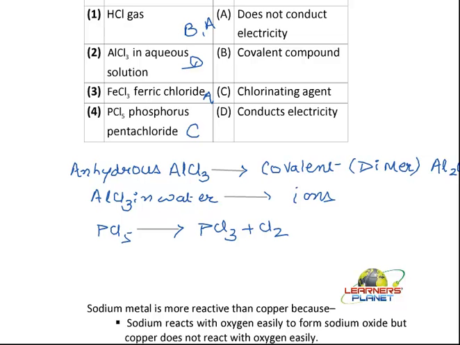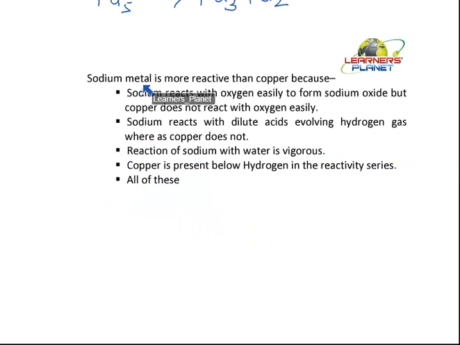Now let's take up our next question. Sodium metal is more reactive than copper because sodium reacts with oxygen easily to form sodium oxide. The reaction is explosive also. But copper does not react with oxygen easily. That is also right. Copper reacts with oxygen on prolonged heating. So this option is correct.